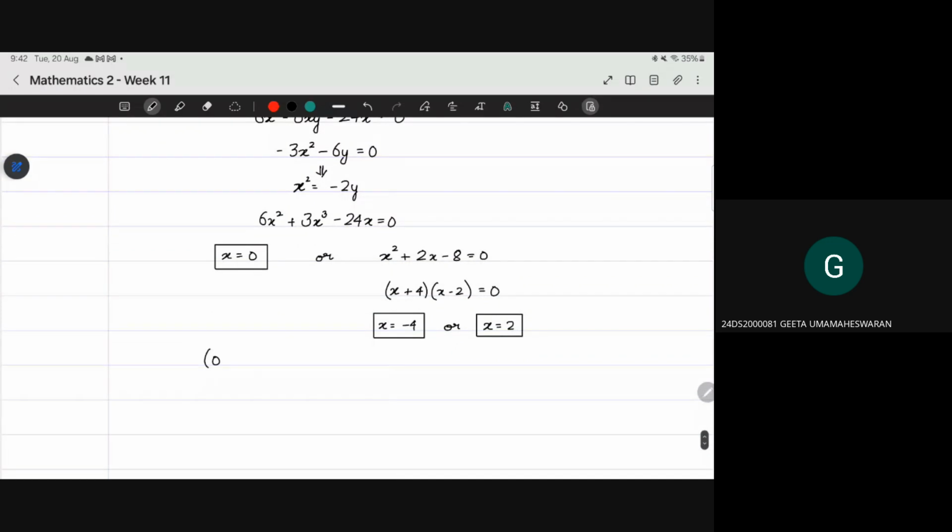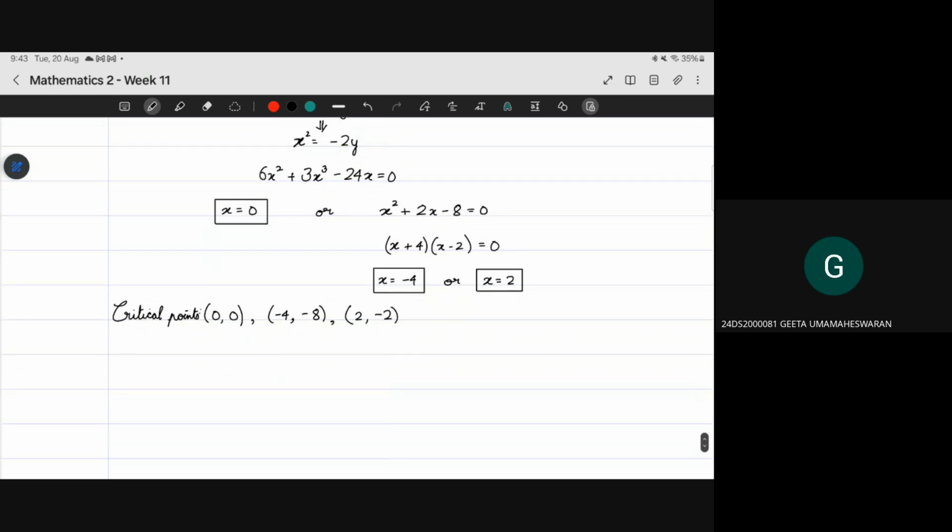So the critical points are (0, 0), (-4, -8), and (2, -2). Yes, these are the critical points, and one of the questions is to check if f has 3 critical points, and that's correct.